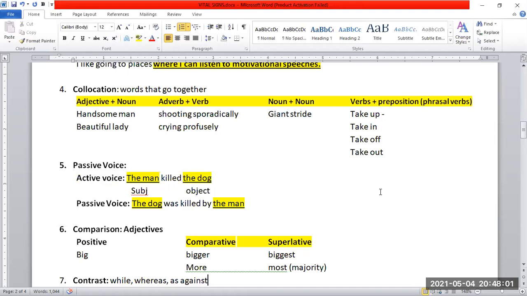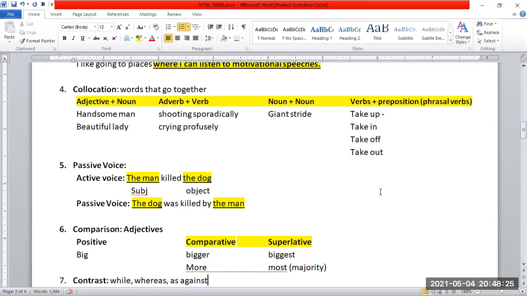So the same thing goes for passive voice. Now, passive voice, the man killed the dog. Subject is the man. Object is the dog. Killed is the verb. Now, in passivization or passive voice, the dog was killed by the man. It changes. The dog was killed by the man.